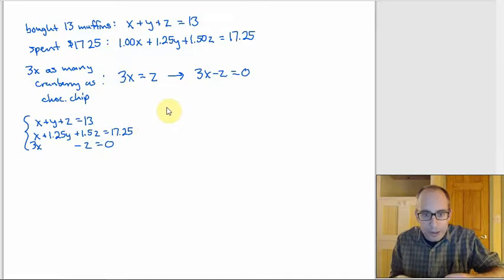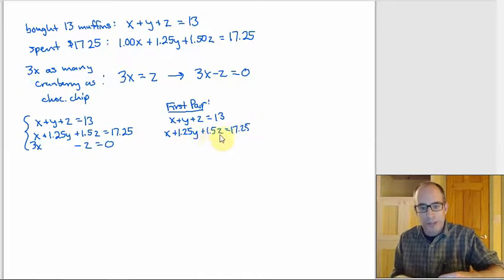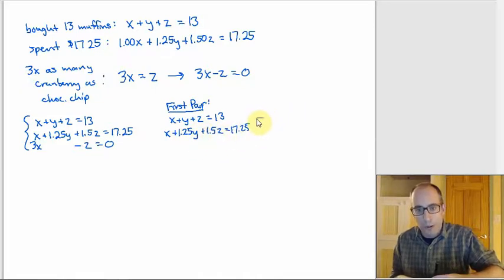So my pair, I guess now, it'll say first pair, but it's really going to be my only pair. It's going to be the top two. So x plus y plus z equals 13, and x plus 1.25y plus 1.5z equals 17.25. Then I'm going to multiply both sides of what's now the second one by 4.